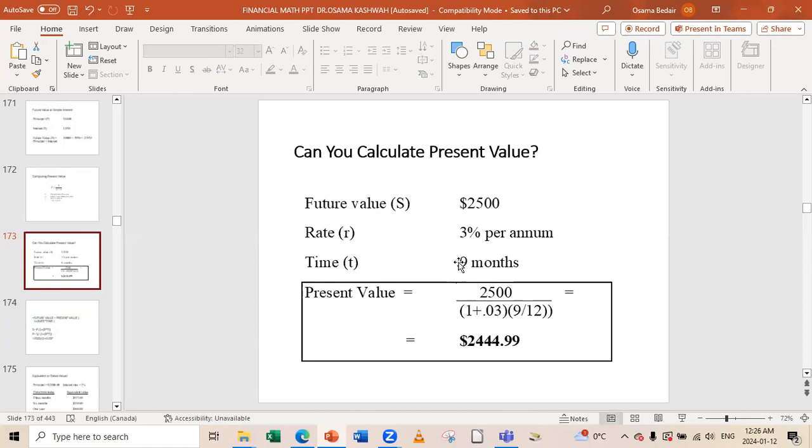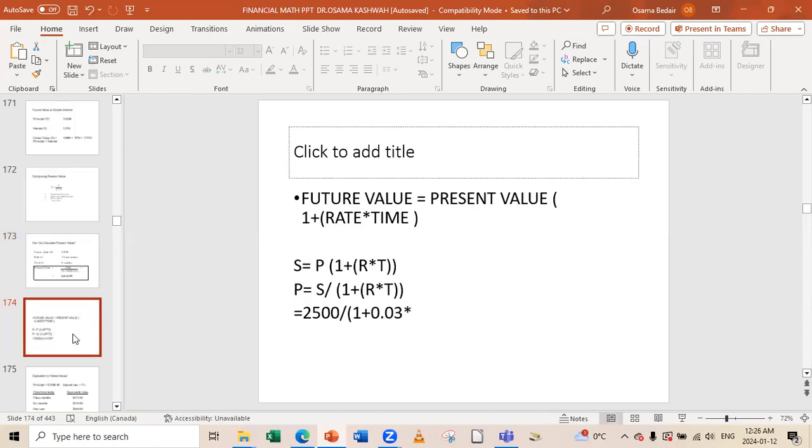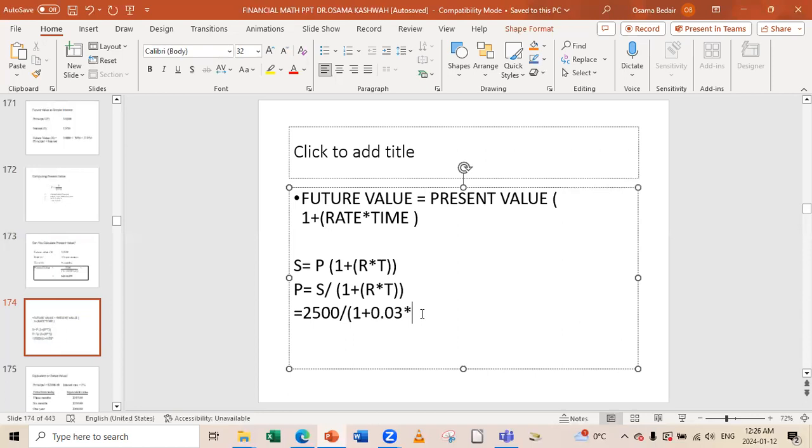We cannot leave it as 9. If we put 9, that means 9 years, so we have to divide it by 12: 9 divided by 12. Also, we have to put this amount inside a bracket, then another bracket. The meaning of this is that we have to finish this calculation first, 0.03 multiplied by 9 divided by 12, then add it to 1.